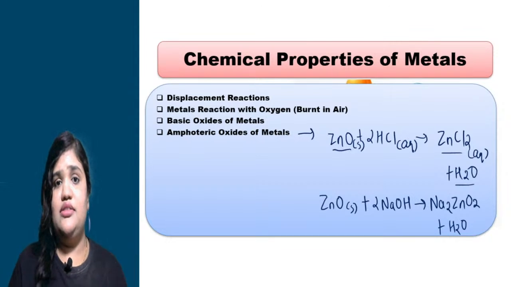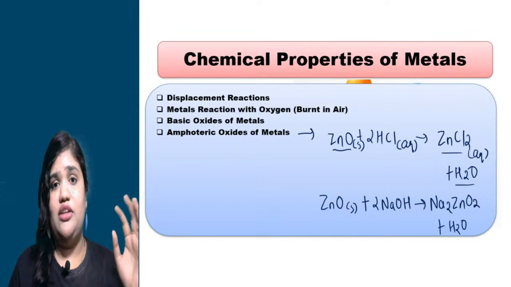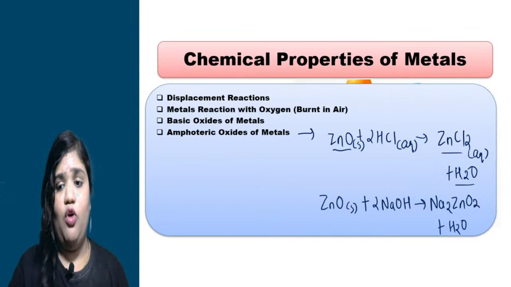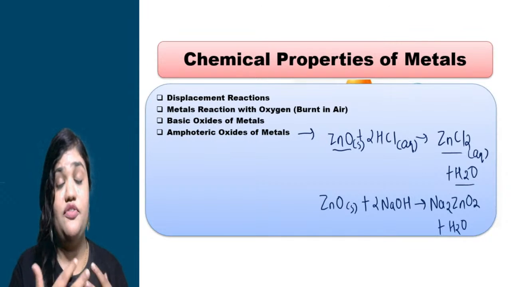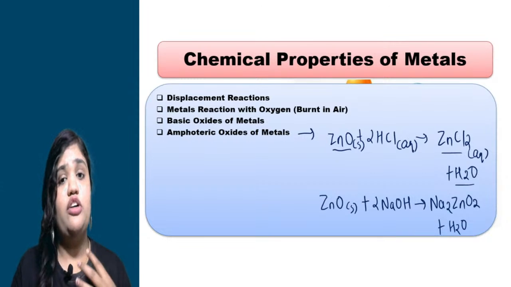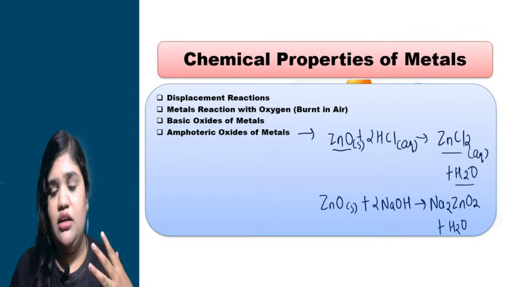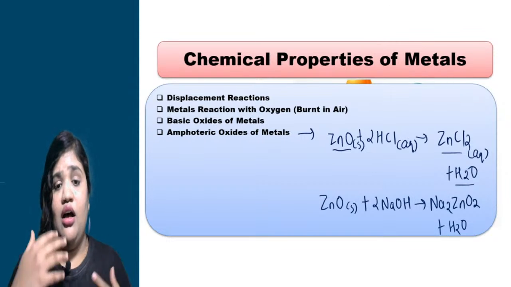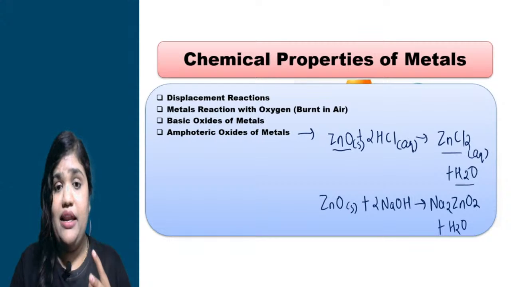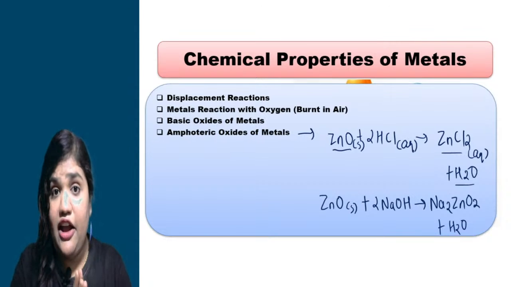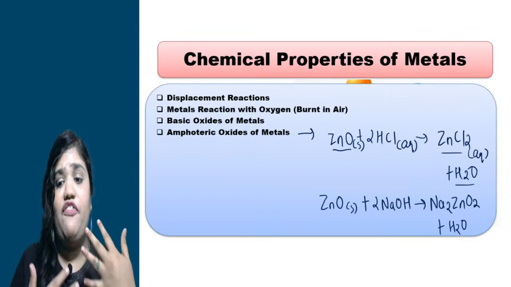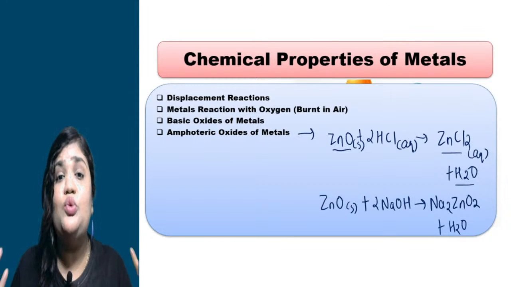Students, till now we have discussed the physical properties of metals, the physical properties of non-metals, and the chemical properties of metals. Is it easy? Yes, definitely easy. I am explaining in basic language so that you will find it very easy to learn.